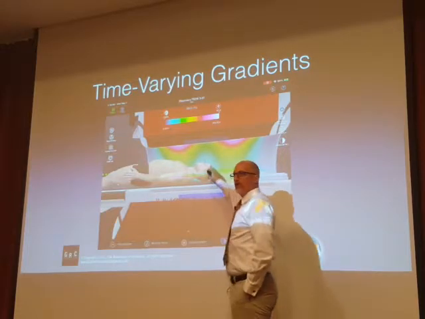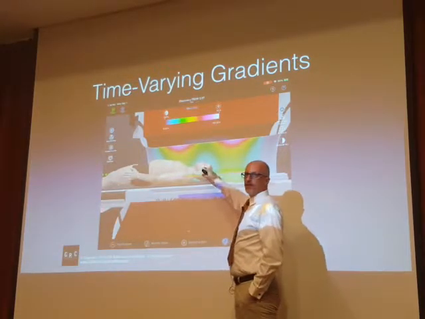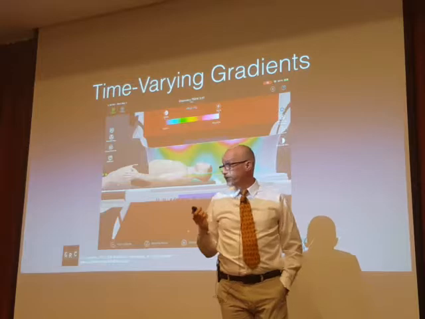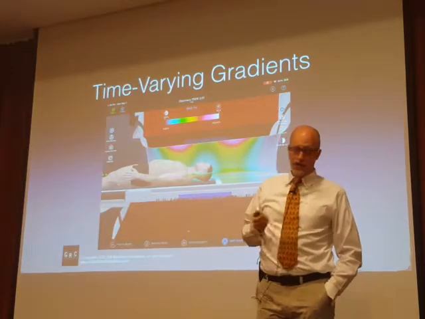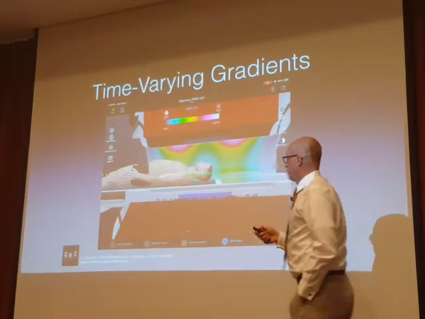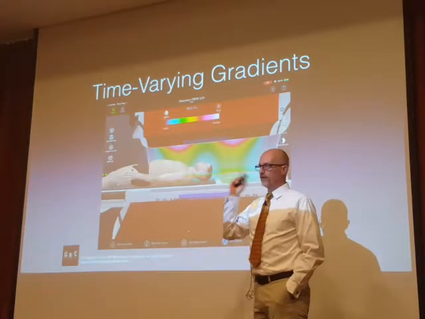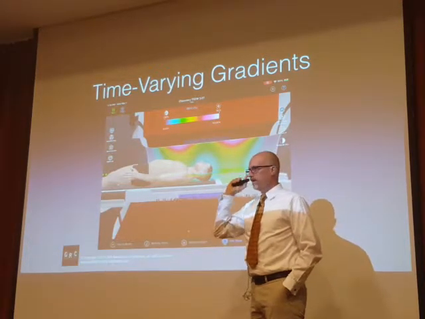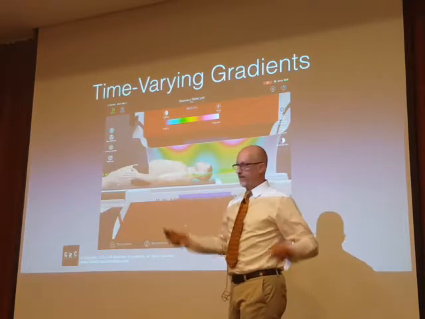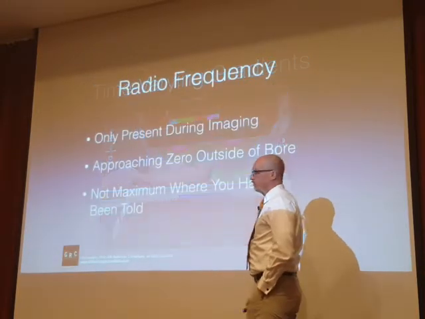So at isocenter, very low likelihood of peripheral nerve stimulation, gradient-induced neuromuscular stimulation. But as we travel about 30 centimeters up and down the length of the bore and then out radially, that's where it's going to be greatest.